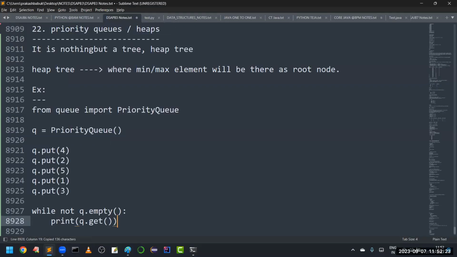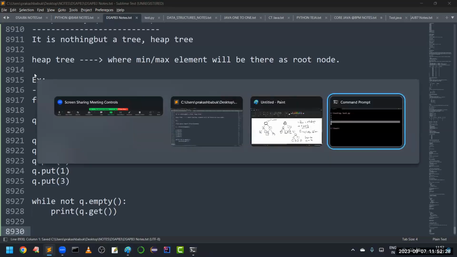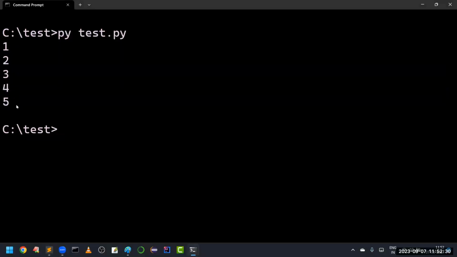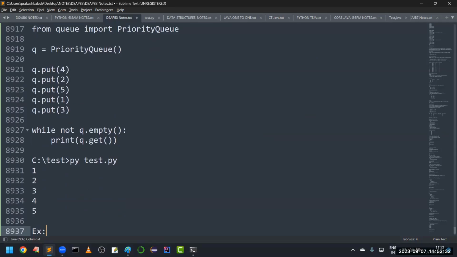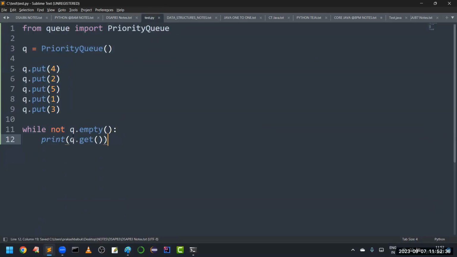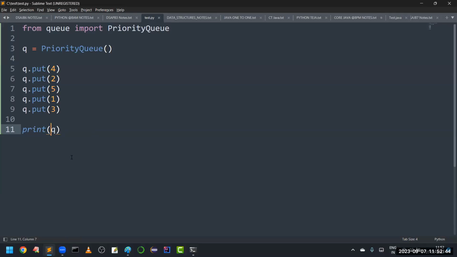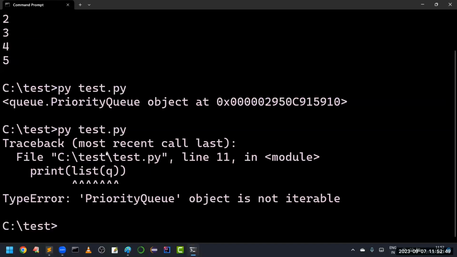This is just one simple example. If you want to see the internal structure of that priority queue, let us see what will happen. After this, I want to print that queue. We have an object, so can we convert that into a list?